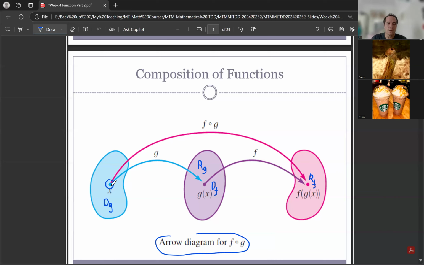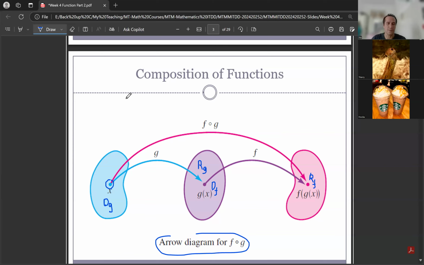So we can continue from g to f if and only if the range of g has an intersection with the domain of f. Because if there is no intersection, the functions will not be connected.